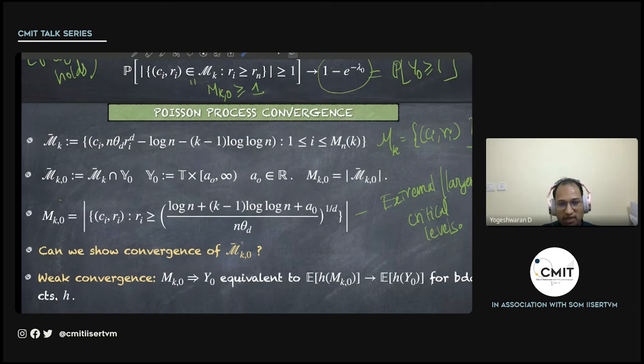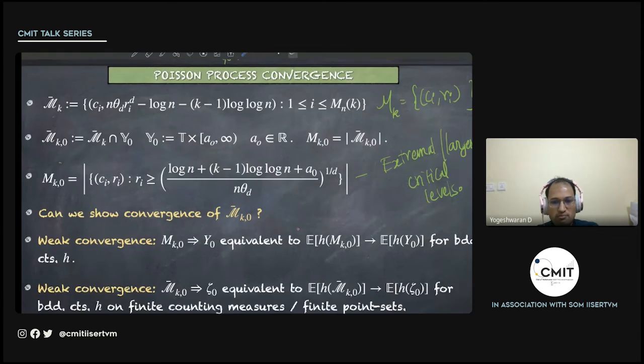What does it mean now to talk about convergence of mk0 bar? mk0 bar converges to some zeta naught if, equivalently, the expectation of h of mk0 bar converges to the expectation of h of zeta naught for a bounded continuous function h on finite counting measures or finite point sets.